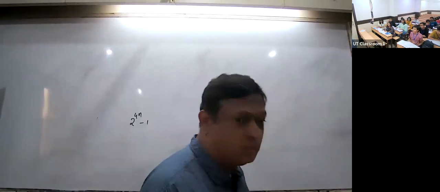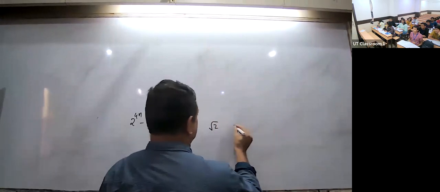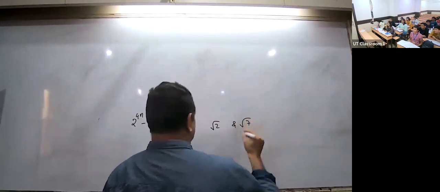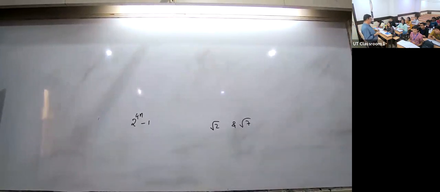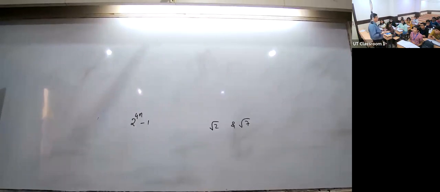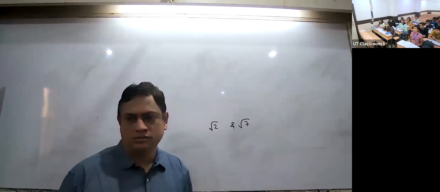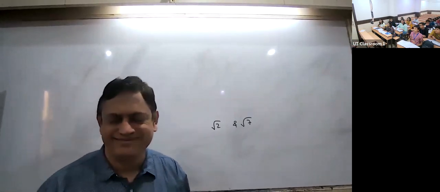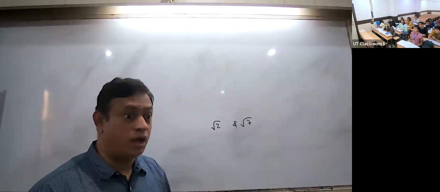Find a rational number between root 2 and root 7. Between two numbers, how many rational numbers are there? Infinite. Now, first we find the value of... there is no need of finding the value.